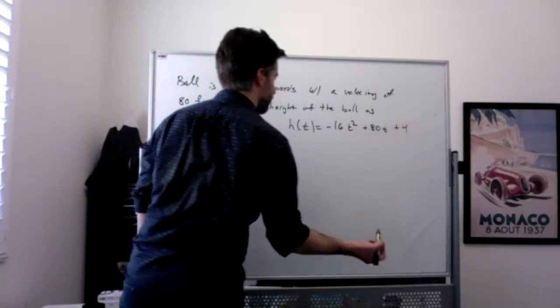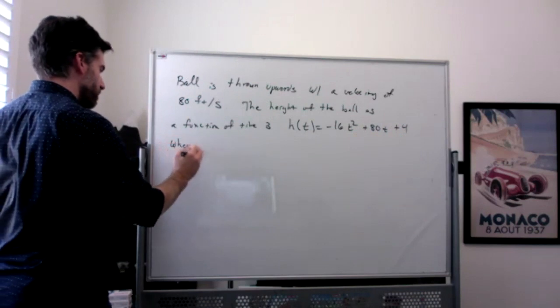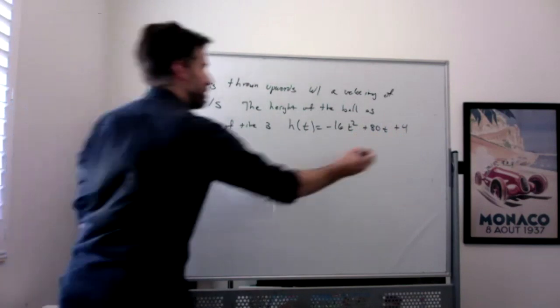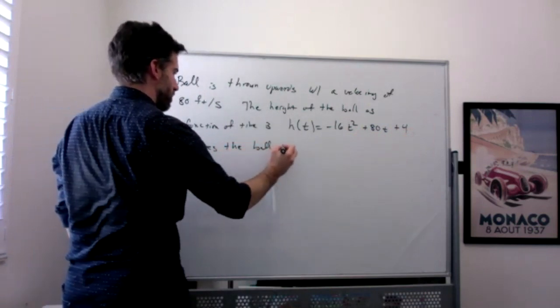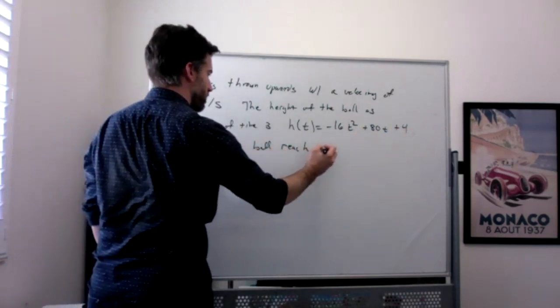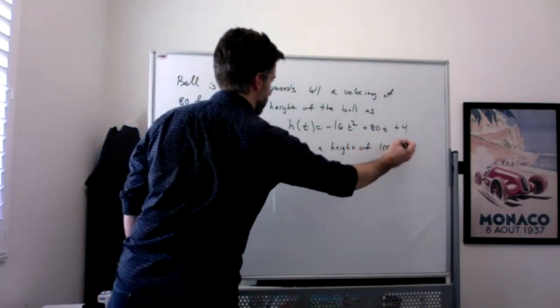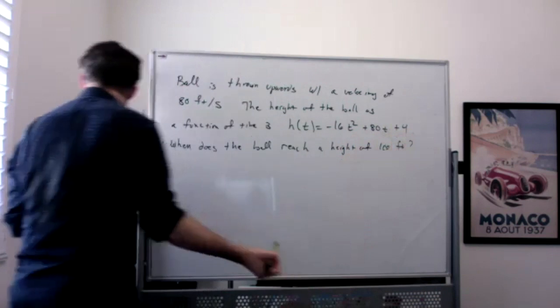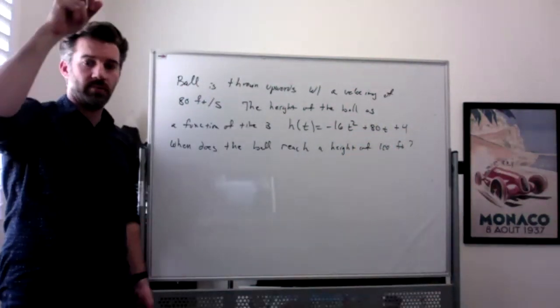plus 4. And the question is, when does the ball reach a height of 100 feet? Try to throw the ball up, and we're wondering, when does it get to 100 feet high?